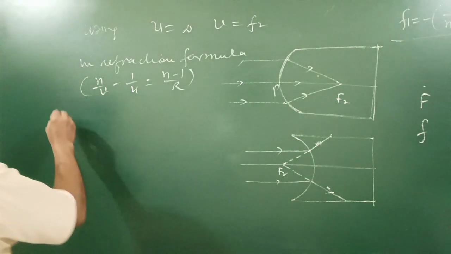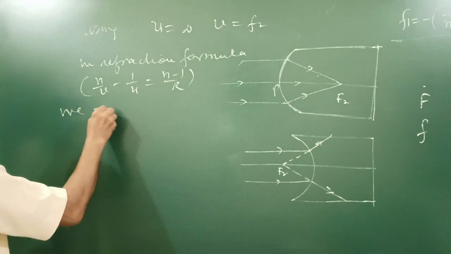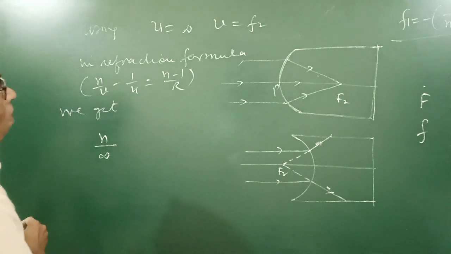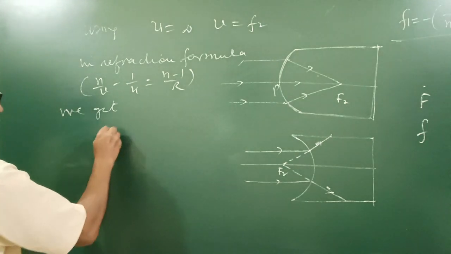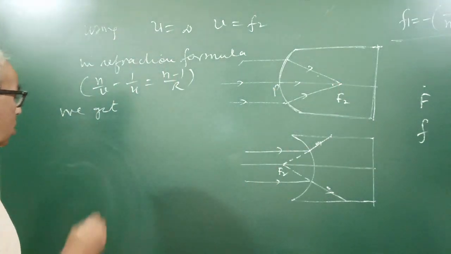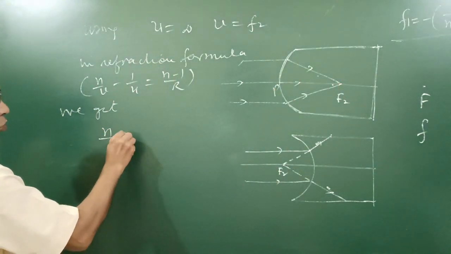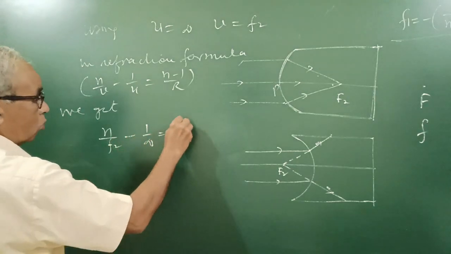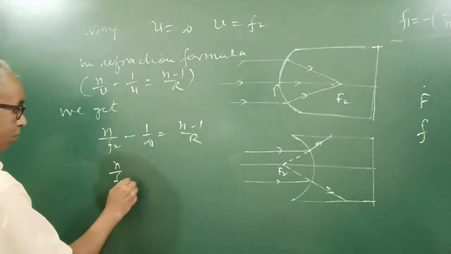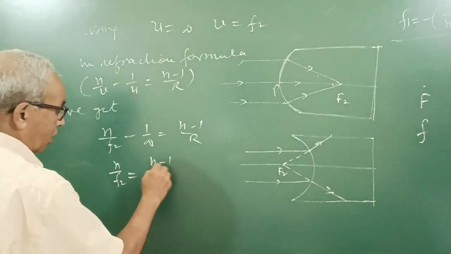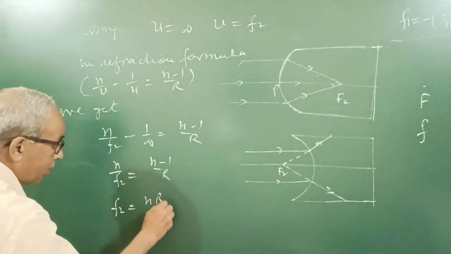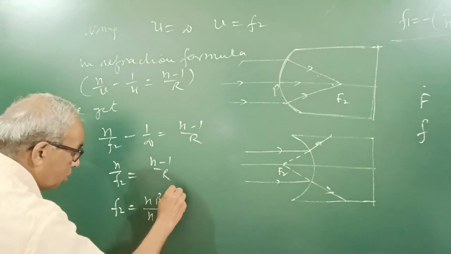Using this formula we get, what do we get? n upon infinity, n upon v, n upon f2 minus 1 upon infinity equal to n minus 1 upon r, or n upon f2 equal to n minus 1 upon r, or f2 equal to nr upon n minus 1.